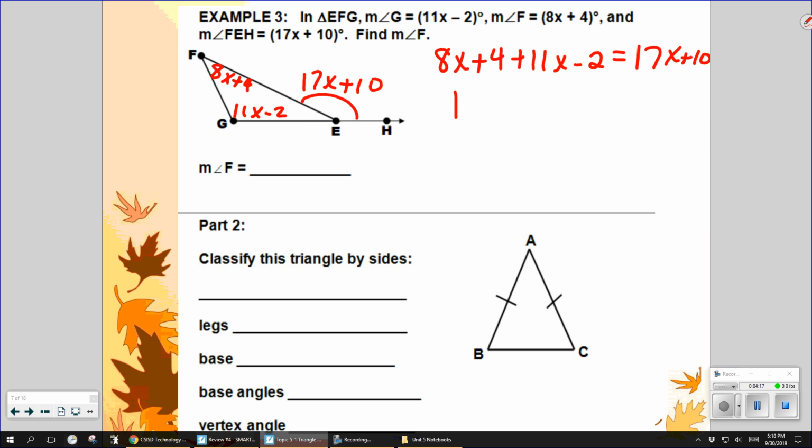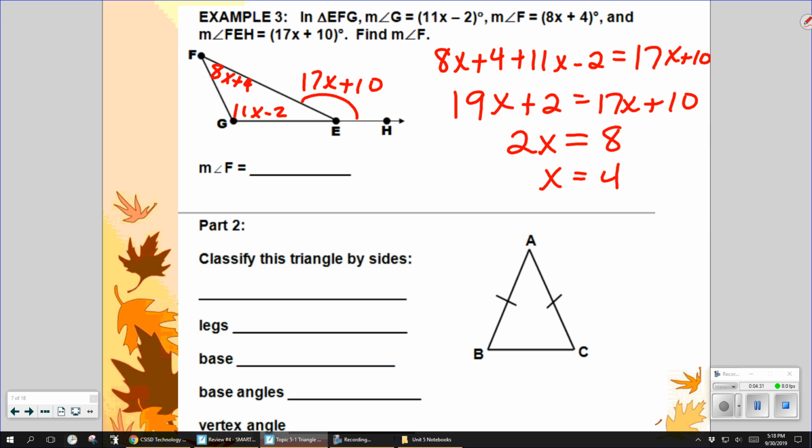Okay, so let's combine like terms, and we get 19x plus 2 equals 17x plus 10. So solve that, subtract 17x to the left, subtract 2 to the right, and we end up with x equals 4.